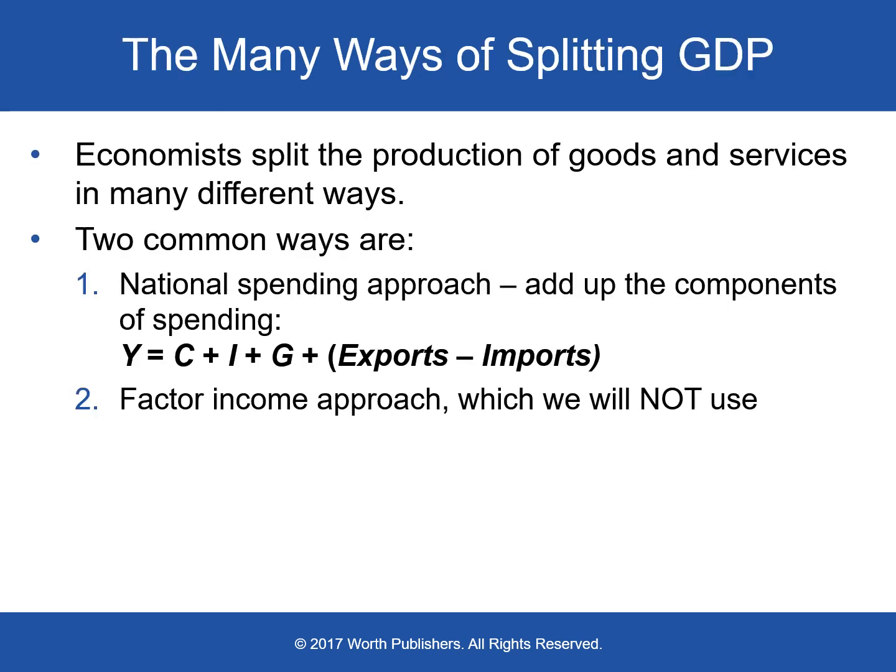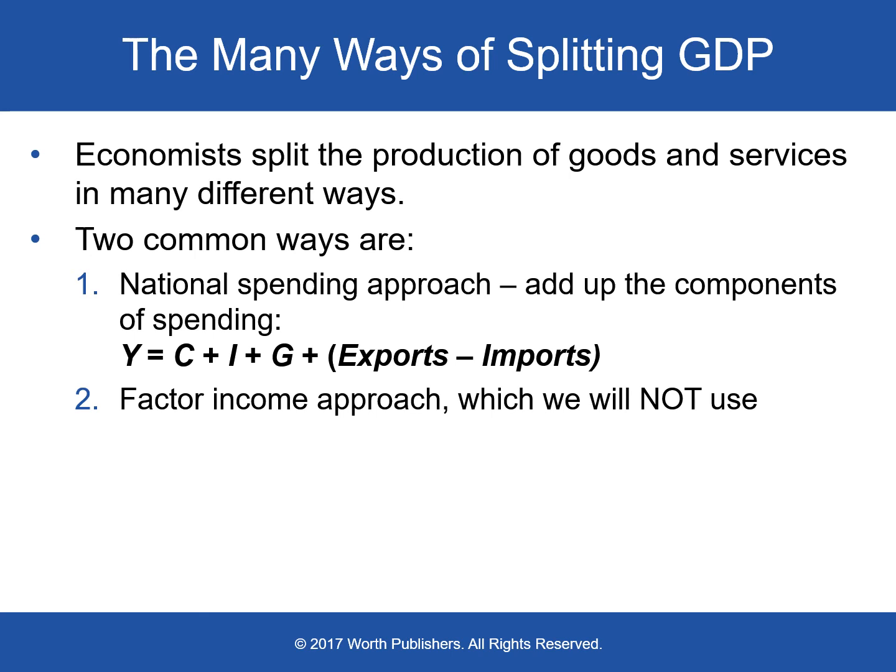Now, there are different ways to calculate GDP, and there are different approaches. Two of the common ways are what's called the national spending approach, which means you add up all the components of spending. The other one is the factor income approach, which we will not use.